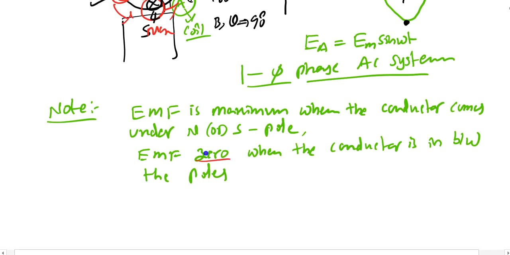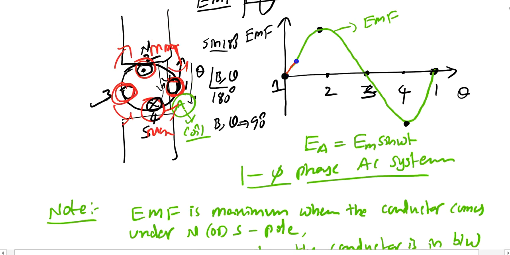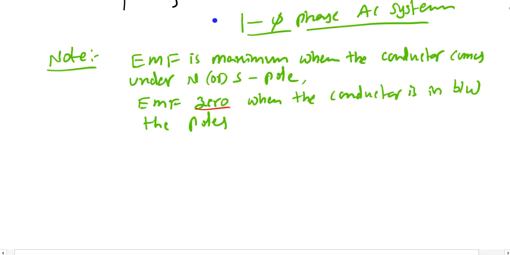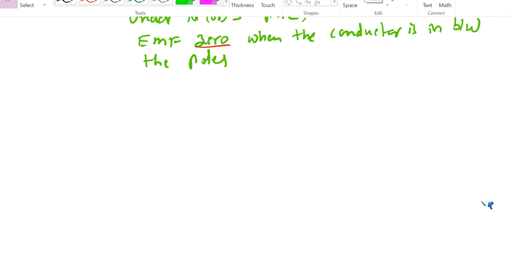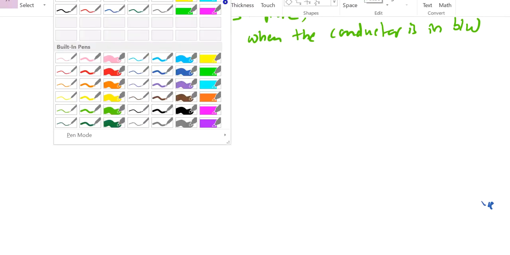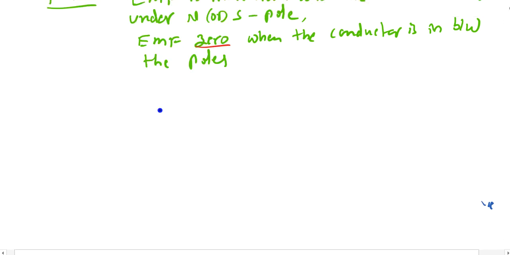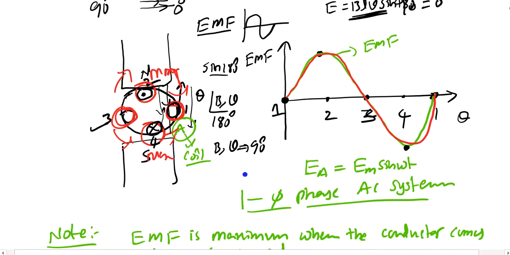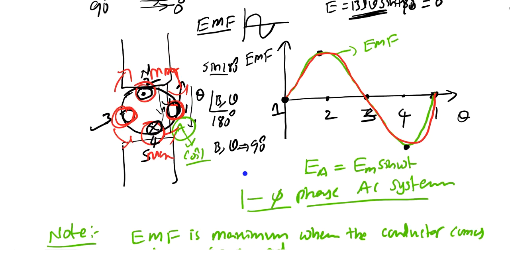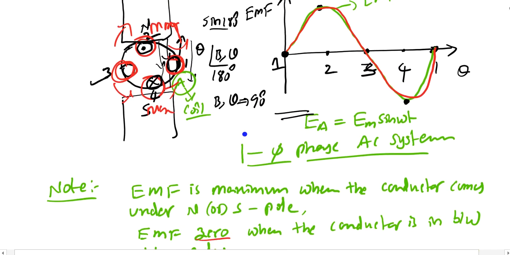That is why you get this kind of sinusoidal signal. So this is the simple understanding of how the sinusoidal signal is generated in a generating station, and this is the operation in the case of a single phase generator.